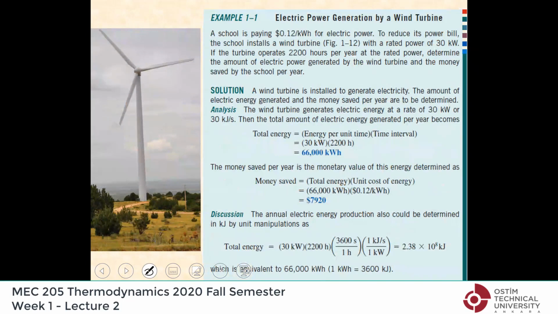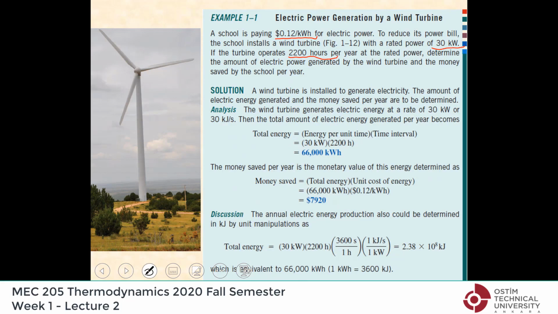And another example, involving some economics also. Let's say a school is using electricity, and this is the price of electricity, 12 cents per kilowatt hour. And they are using a wind turbine generating 30 kilowatts of electricity, and it runs 2200 hours per year.